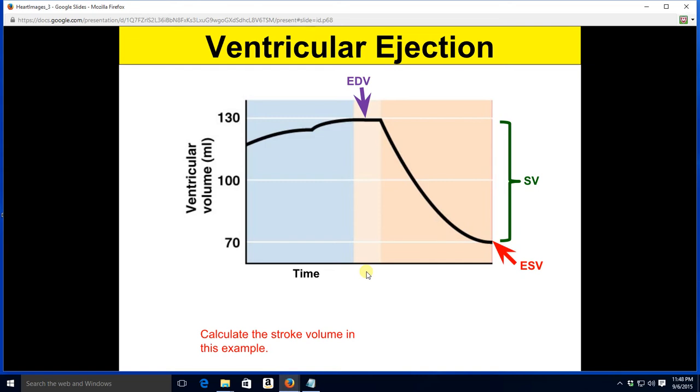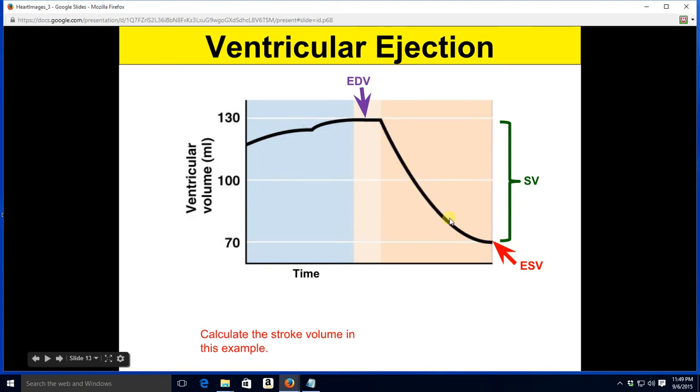But what we got here is a graph of ventricular ejection. This was isovolumetric contraction, and then this downswing here is ventricular ejection. You can see the volume is certainly dropping here. The volume we start ejection at is our EDV, our end diastolic volume, which is often around 130 milliliters.